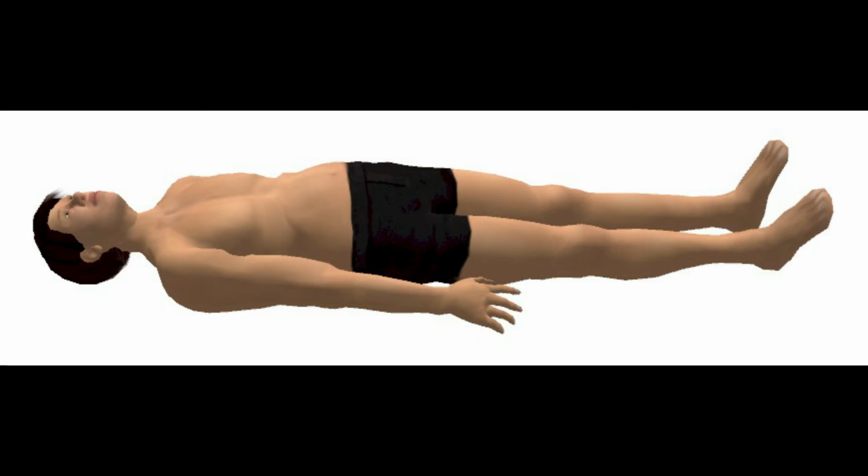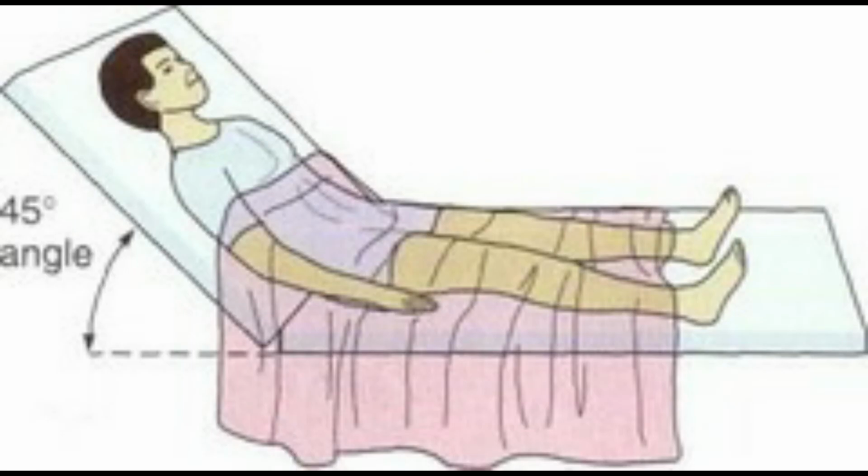Regarding the position of the patient, it is always better to be in lying or supine position, and the head end of the patient should be at a 45-degree angle. As far as possible, palpate the whole of the chest very gently, especially over any swelling or costochondral junctions.